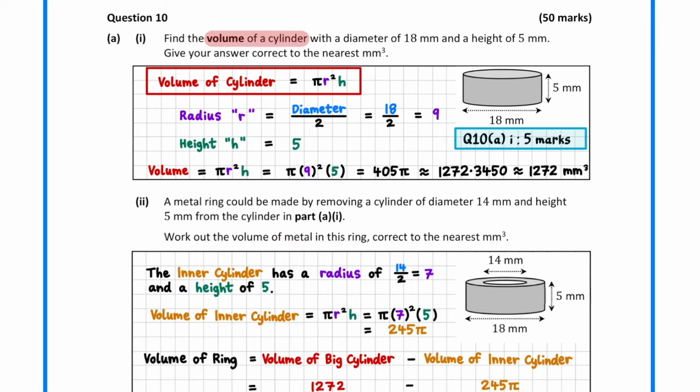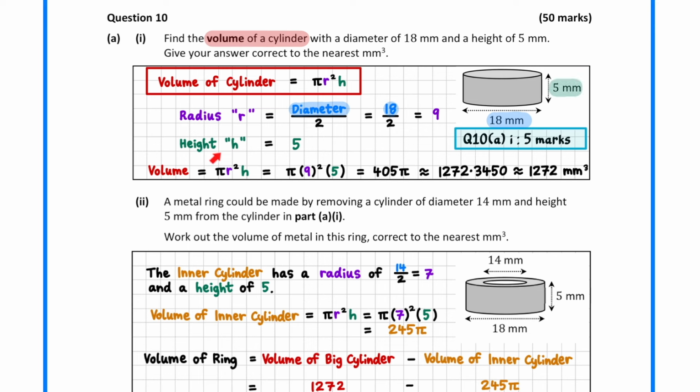In question 10a, part 1, we must find the volume of a cylinder. Page 10 of the formula book tells us that the volume of a cylinder is pi r squared h, where r is the radius and h is the height. The diameter of the cylinder is 18, so the radius will be 18 over 2, which is 9.